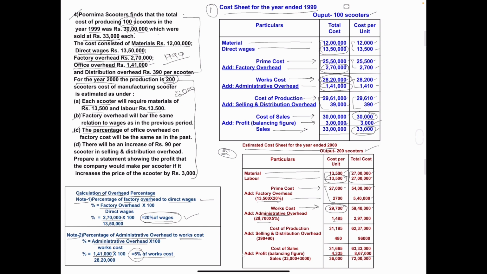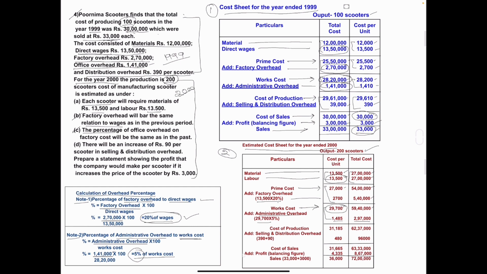29,700 into 5%. Okay, 5% you have to calculate. You will get 1,485. And for total, 1,485 into 100 you will get 2,97,000.